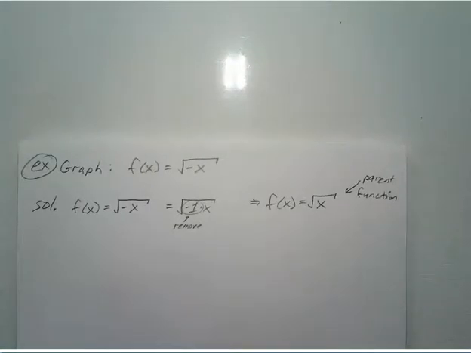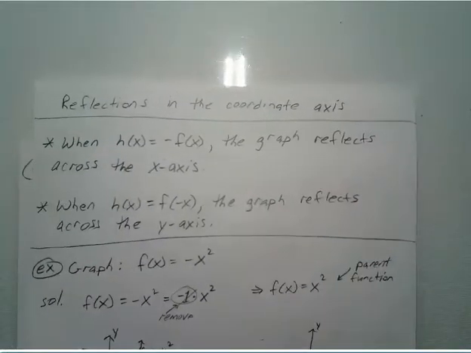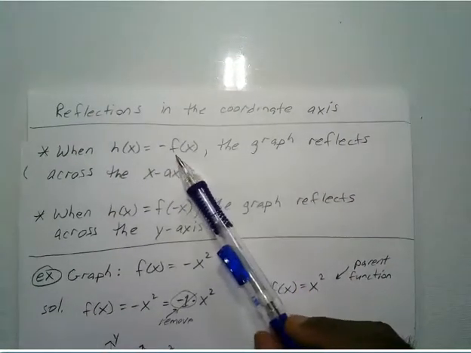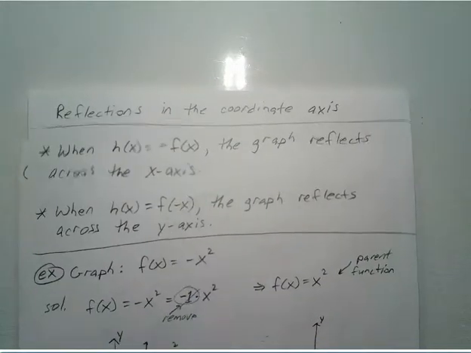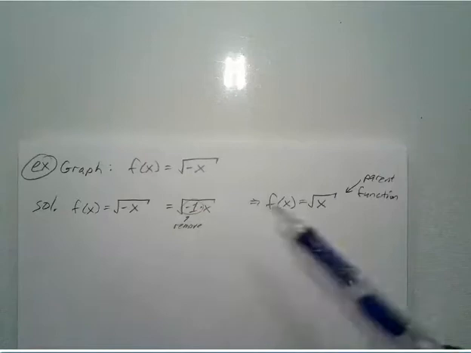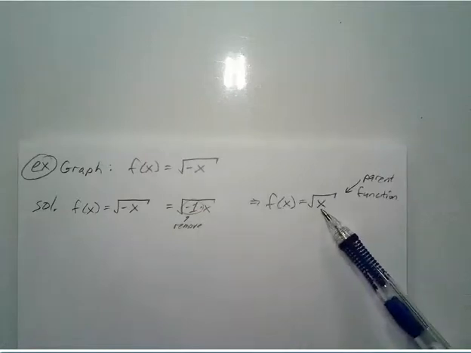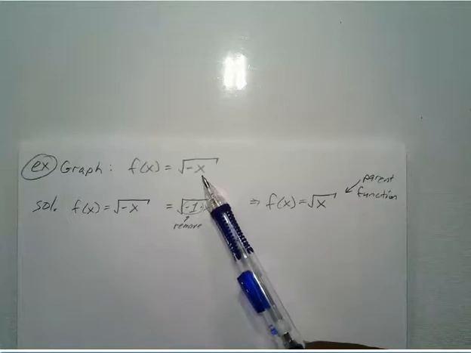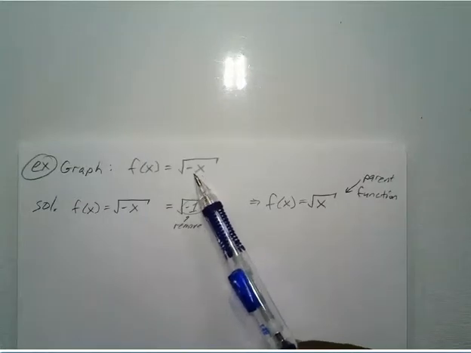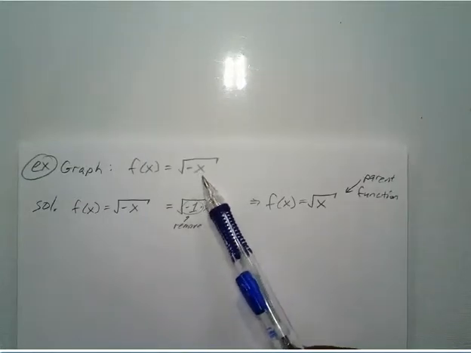Now I'm just going to go back to the previous page for a second. If you notice here, the entire function is multiplied by negative 1, so it reflects across the x-axis. Here, our parent function is square root of x. The negative is not negative 1 times square root of x. The negative is actually underneath the square root.